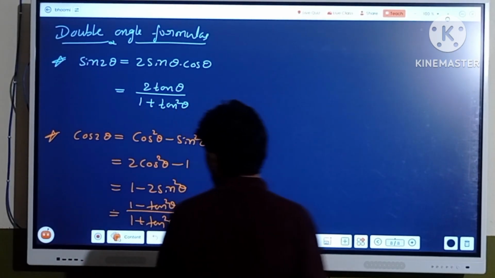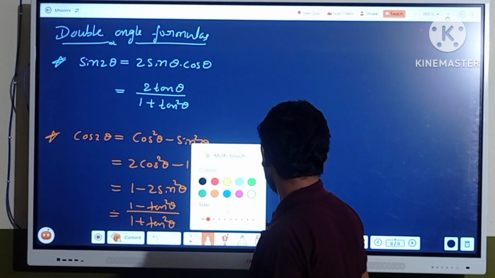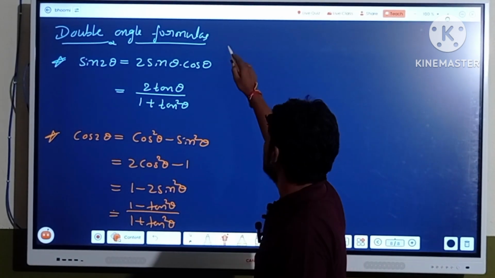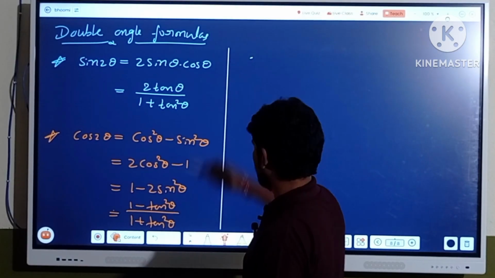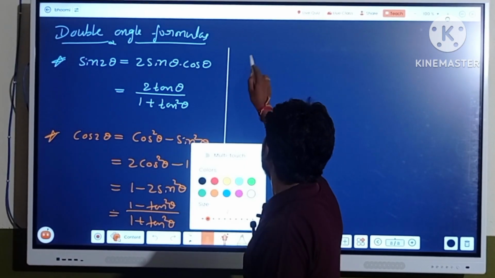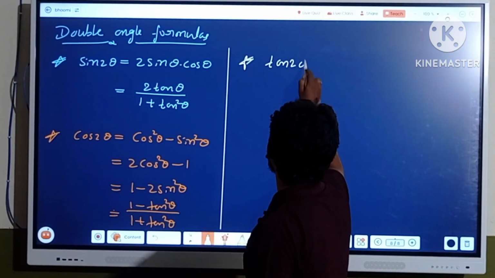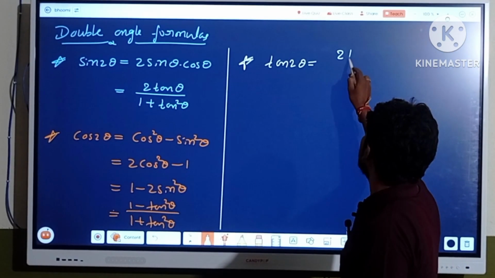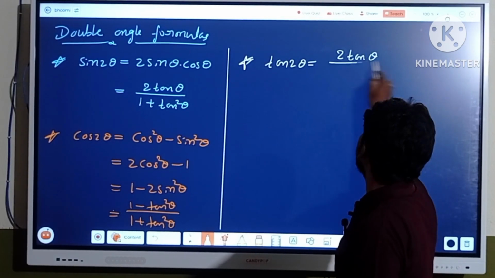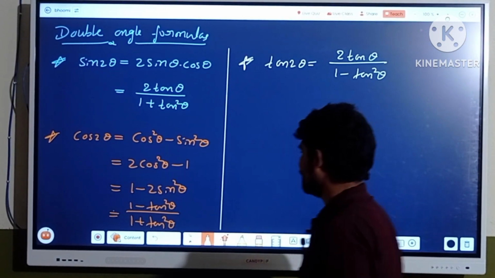So these are the formulas for cos 2 theta. And the third one, the formula for tan 2 theta is 2 tan theta divided by 1 minus tan square theta.